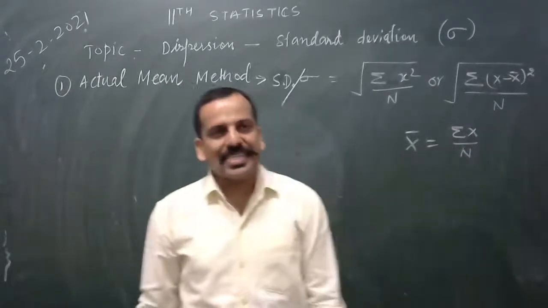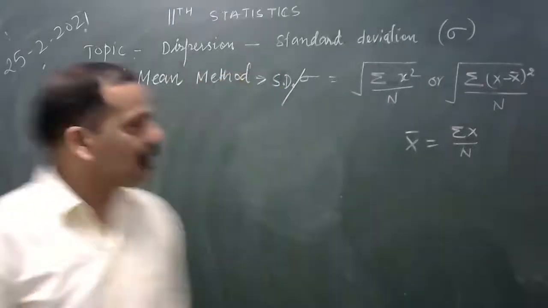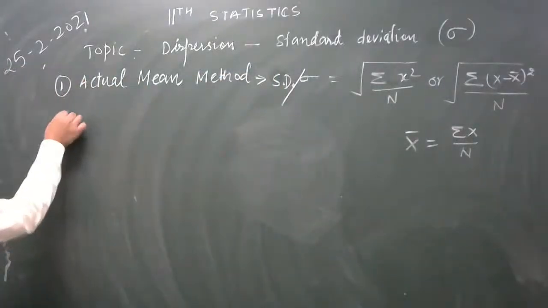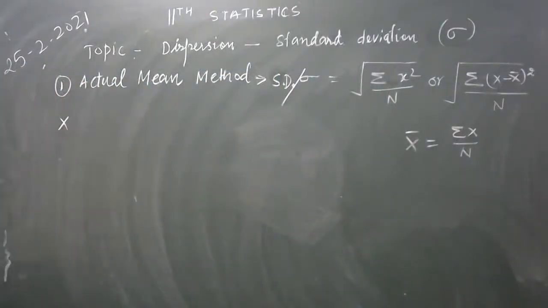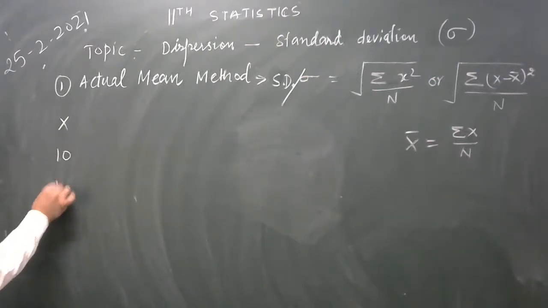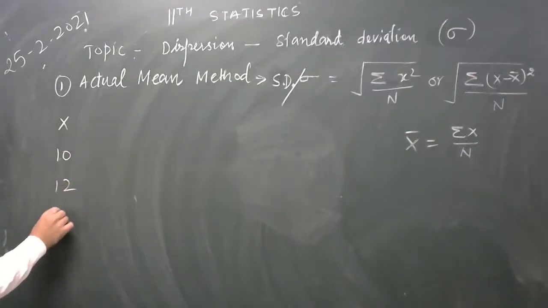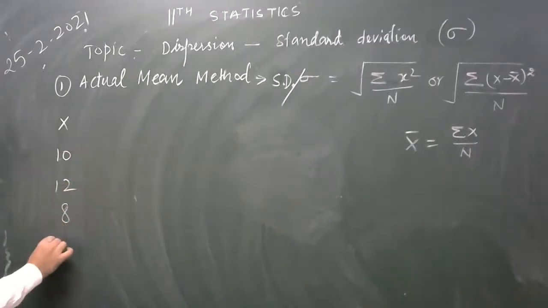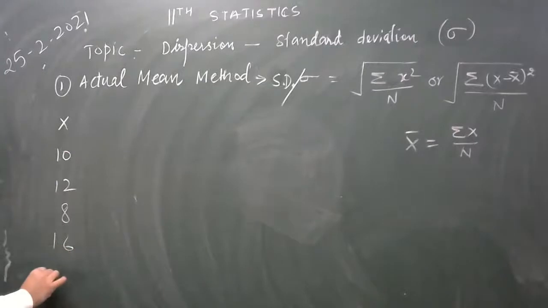Let us understand with the help of a practical. The X variable, that is profit, income, consumption, any variable you can take. The values are like 10, 12, 8, 16, 14.